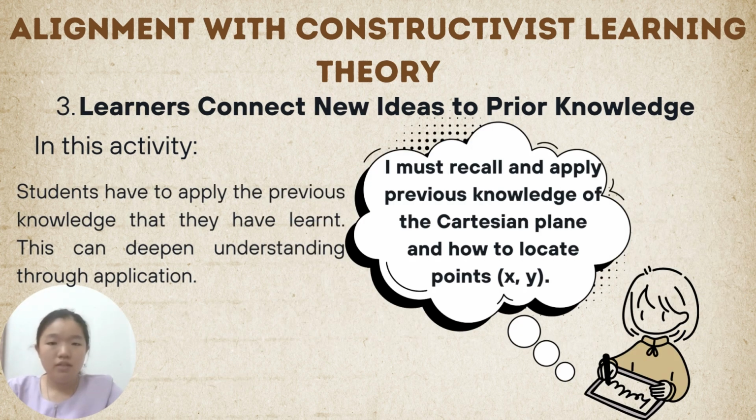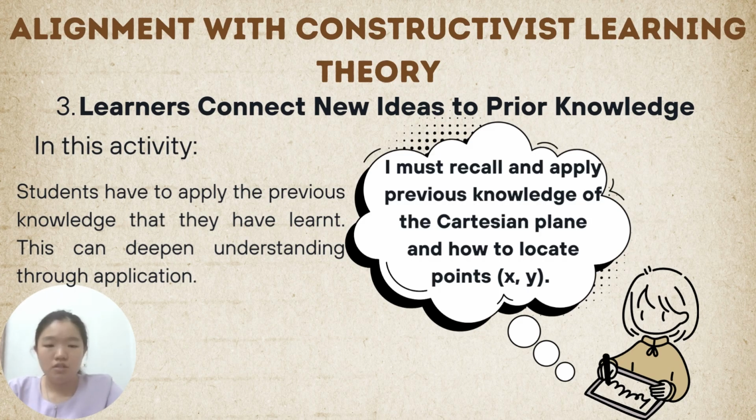The third one is that learners connect new ideas to prior knowledge. In this activity, students must recall and apply the previous knowledge of the concepts that they have learned. This can deepen understanding through application of the concepts.